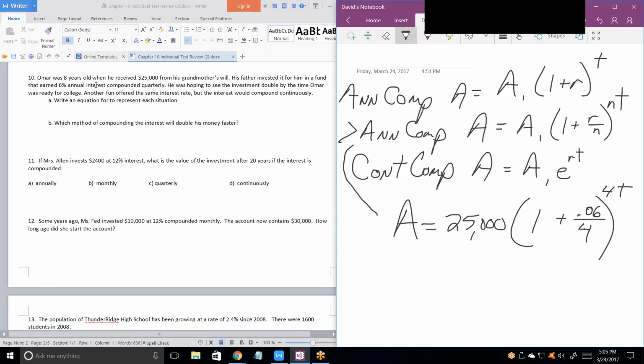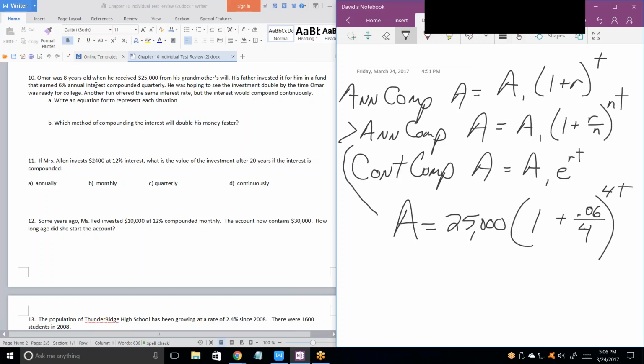Okay? Now we have an equation, notice, that you give me a time and I can figure out what A is, no matter what period of time you give me. Or if you give me an A, I can figure out what period of time that requires.